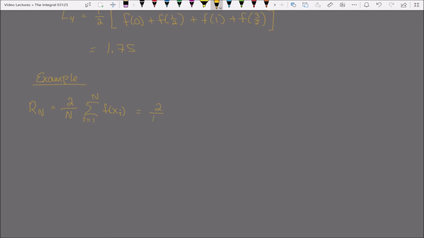So we're going to have 2 over n times the summation i equals 1 to n of f of x sub i, which, recall, is a plus i times delta x. In this case, our a is 0, so we're going to have i times 2 over n. So it'll be 2i over n.